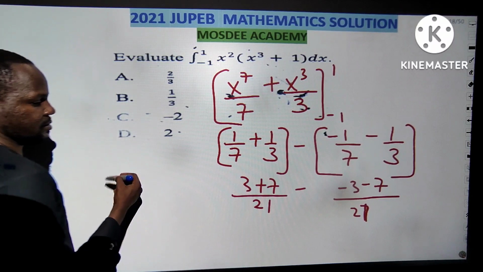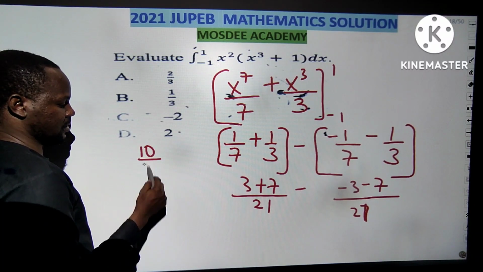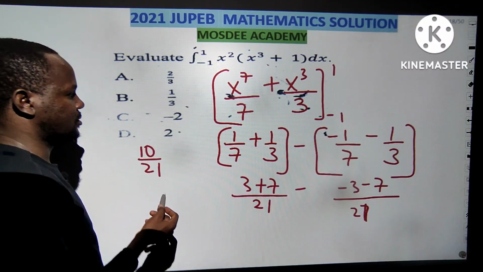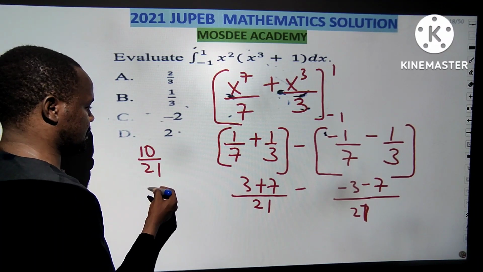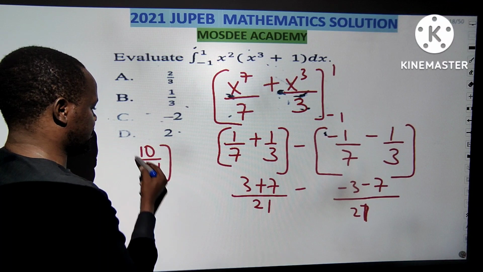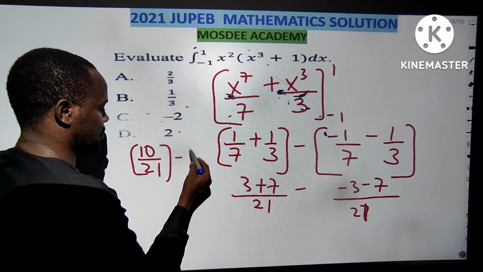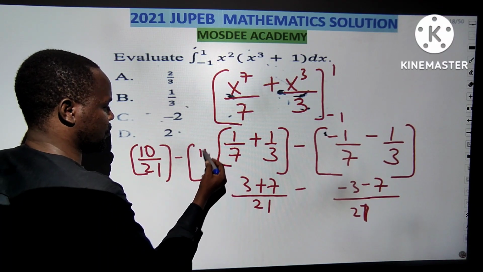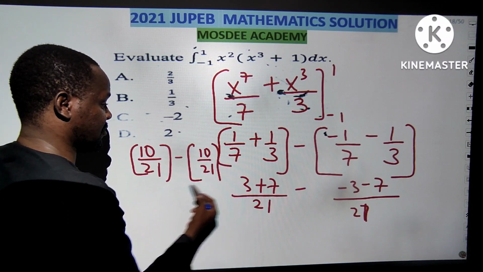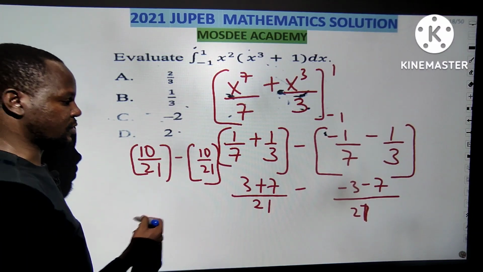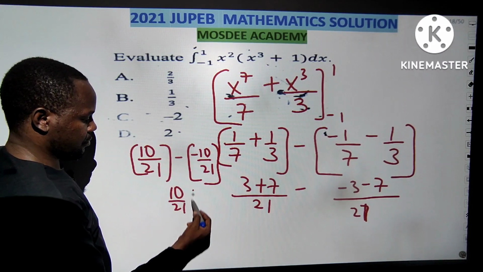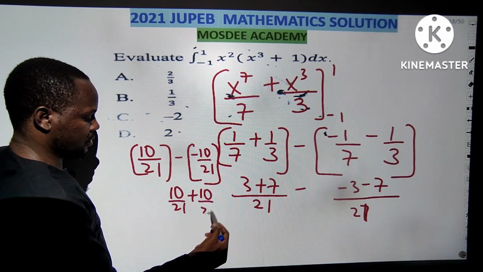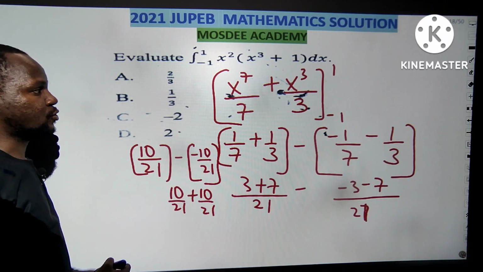So finishing that, 10 over 21, and this will be double of it. 10 over 21, then minus 10 over 21. I will leave you guys to do it. So that's 10 over 21 plus 10 over 21, so that's 20 over 21.